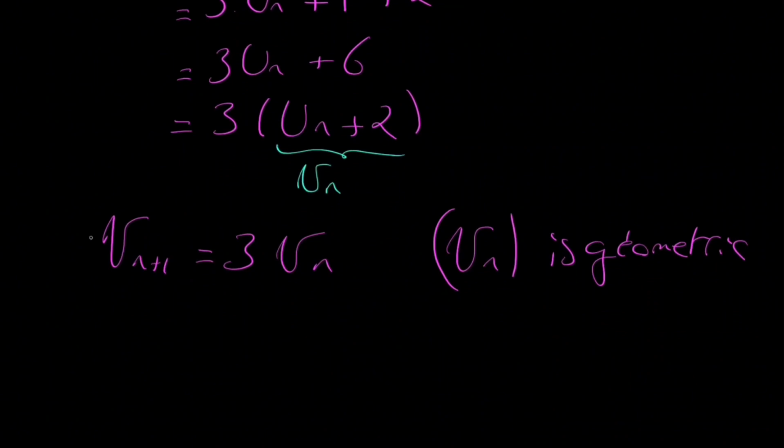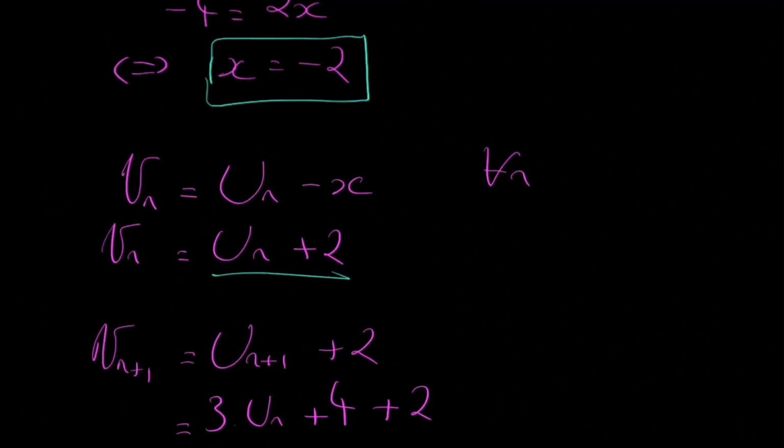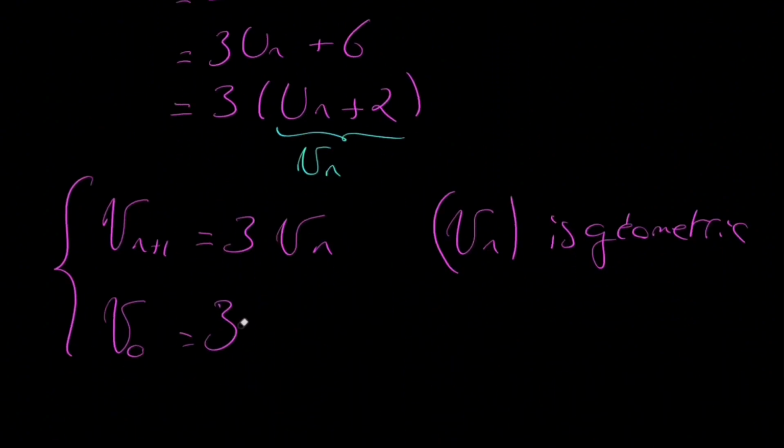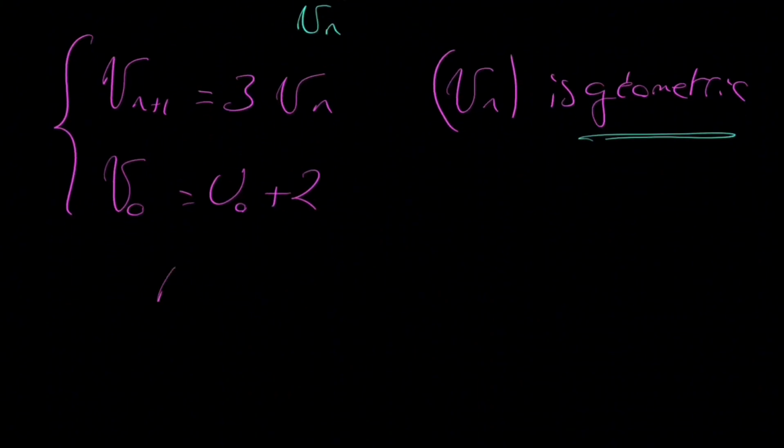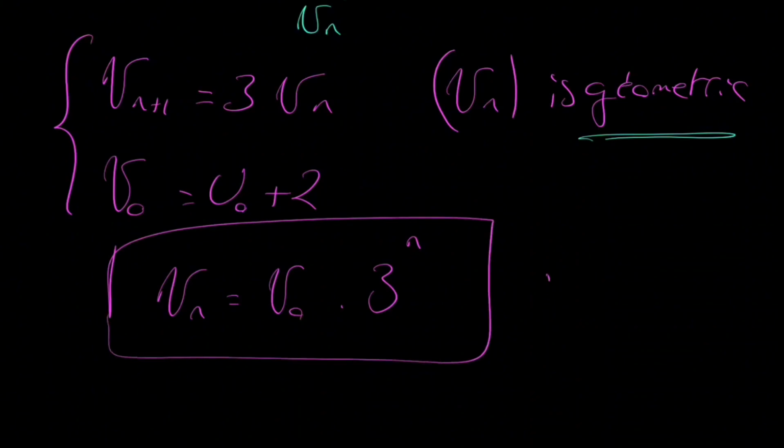And we have v_0 equal to u_0 plus 2. We know how to deal with geometric sequences: v_n is easily v_0 times 3 to the nth power for all n.